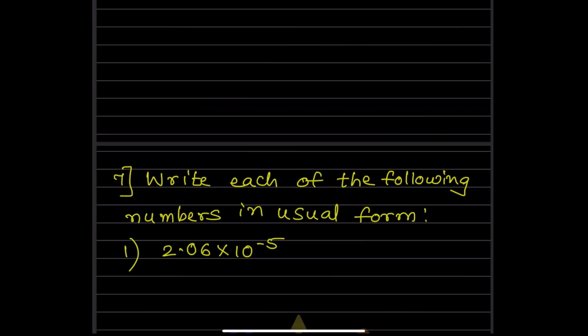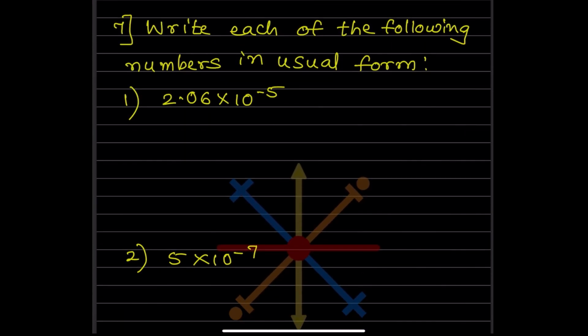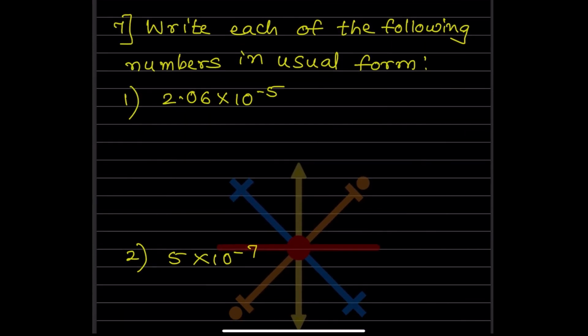Now the next one, they said write each of the following numbers in usual form. We have seen in the previous one how to do the usual form. So what will you write here? This you can also write as 2.06. Now this is in the negative one, which means if you take it in the denominator it is going to be positive. So this can also be written as 2.06, and we'll put here 1 and 5 zeros.